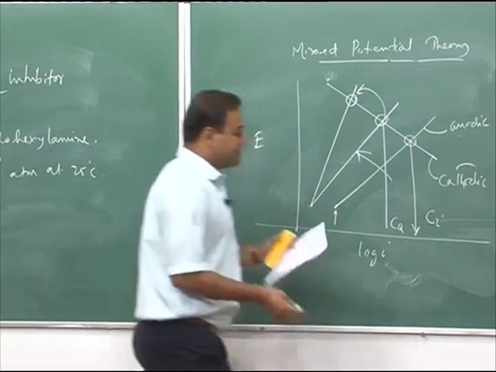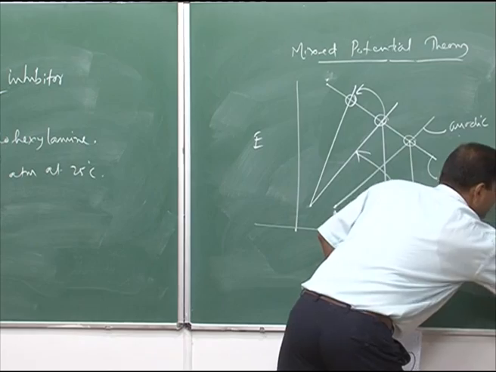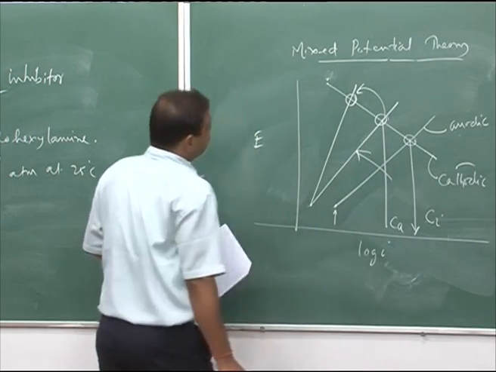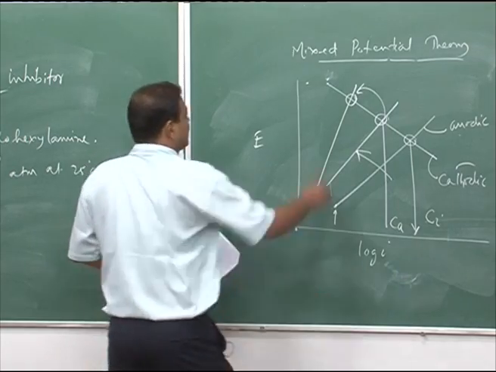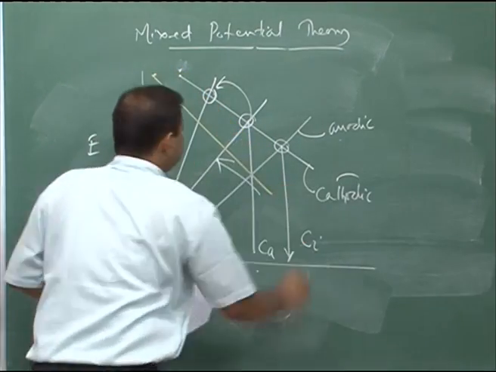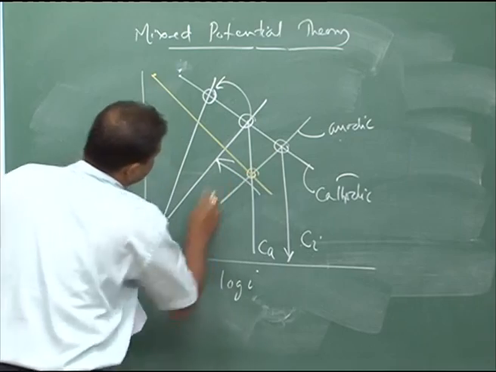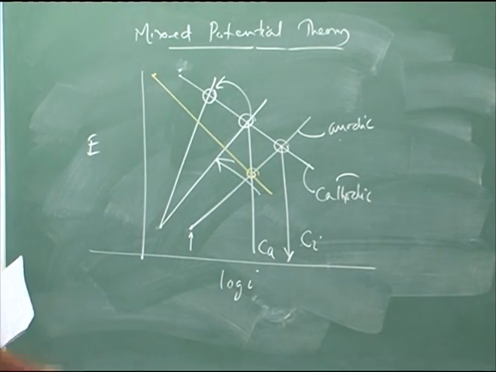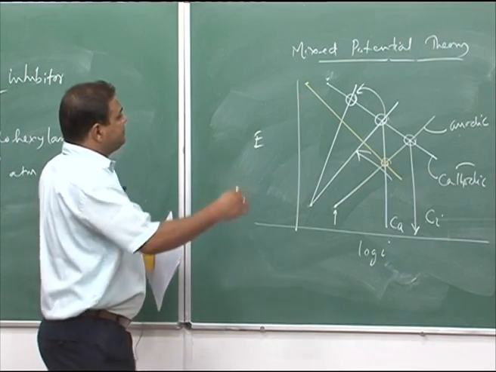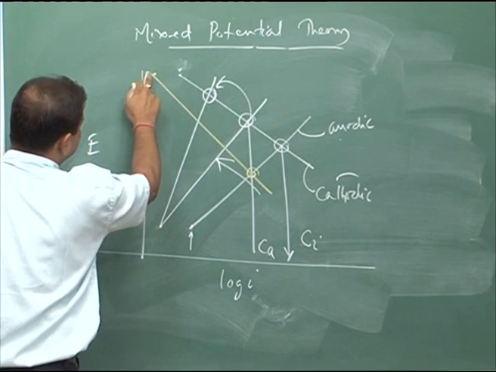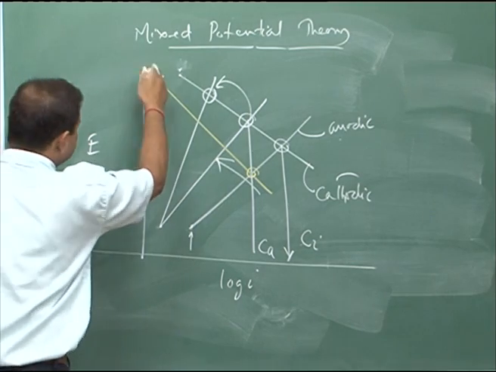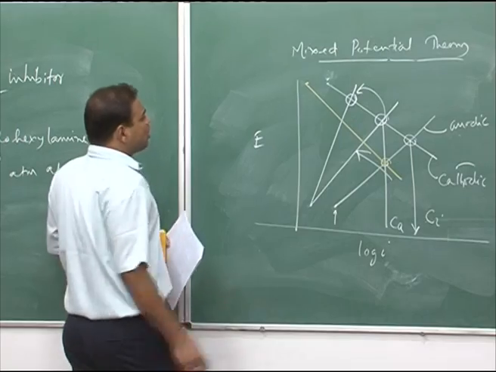Now, if we see the cathodic inhibitor, it can work the same way. The exchange current density for the cathodic process can go down, so it can go like this, and my corrosion rate would be here. Or both things can happen: the exchange current density would go down, and at the same time the polarization would also increase.